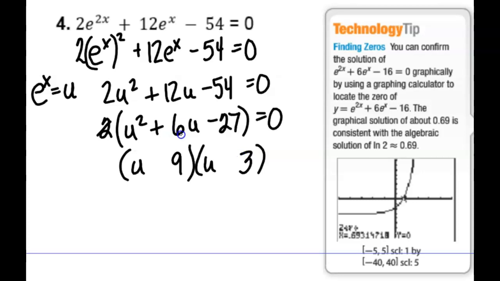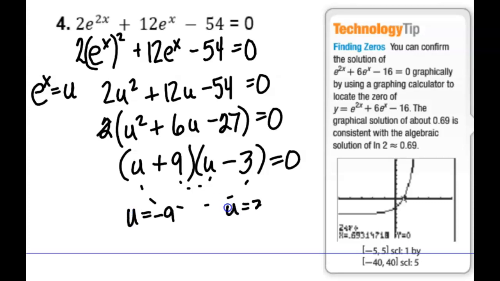To get a positive 6, we need a plus 9 and a minus 3, so that we would end up with a 9u minus 3u would be the 6u in the middle. All right, now we can finish this if you want. We can say u is therefore negative 9 or u is 3.